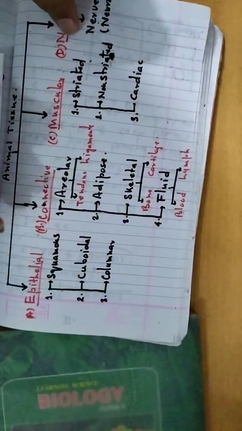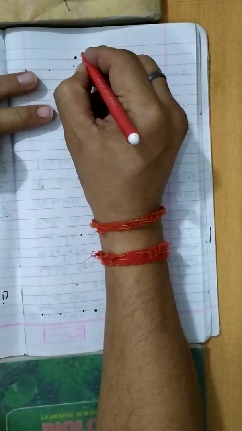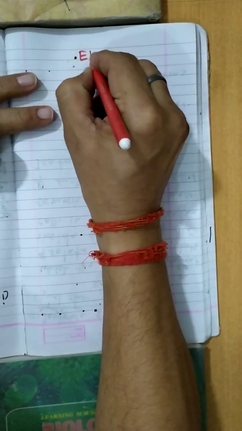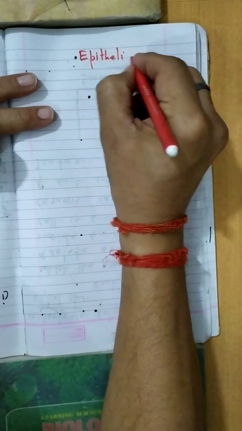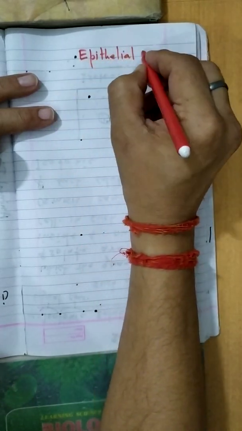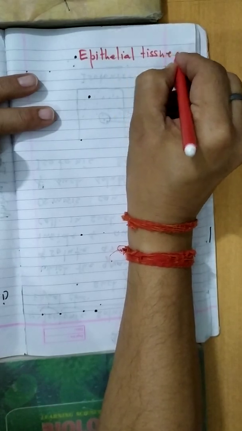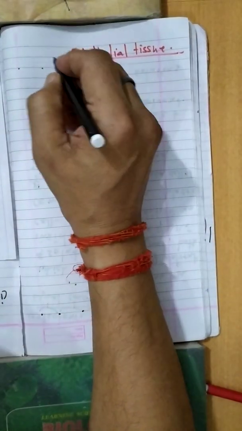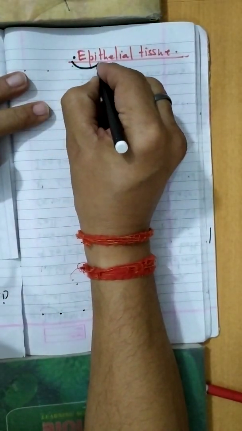Epithelial tissue you have already studied in plant tissue. Epidermis. Epi means outer.